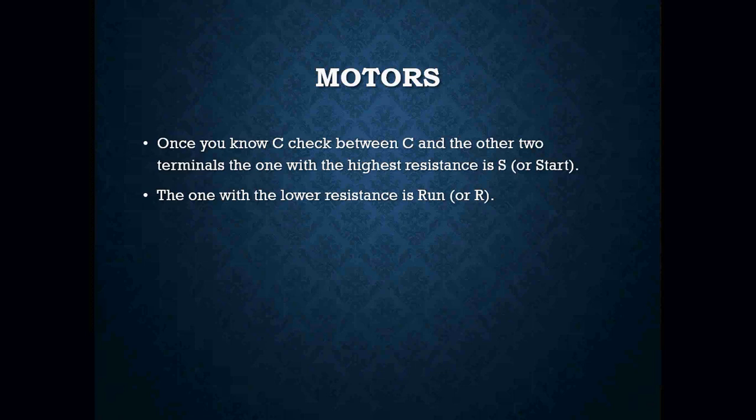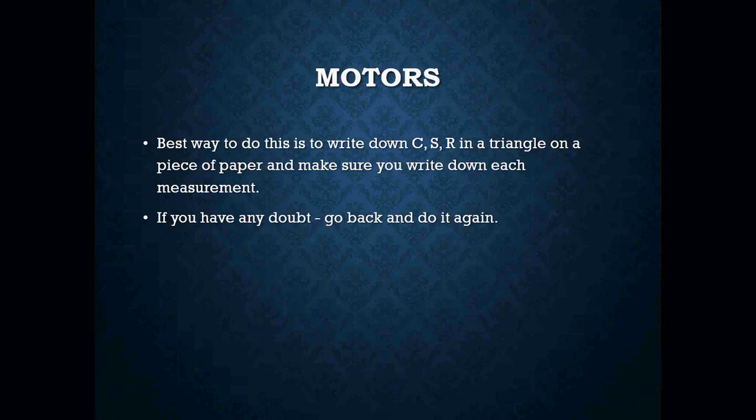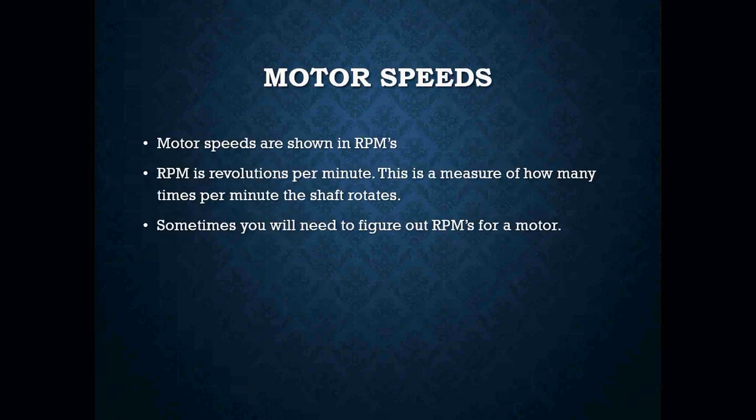The one with the highest resistance is your start winding, and the one with the lowest resistance is your run winding. The best way to do this is to write down CSR in a triangle on a piece of paper and make sure you write down each measurement. If you are in doubt, always go back and do it again.